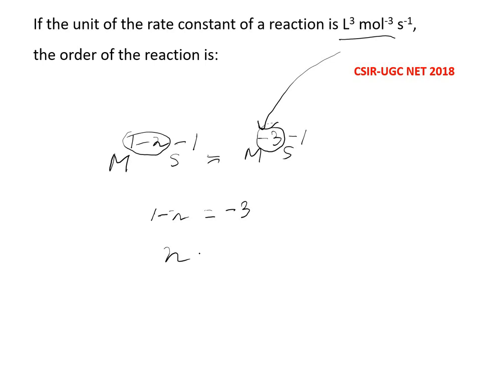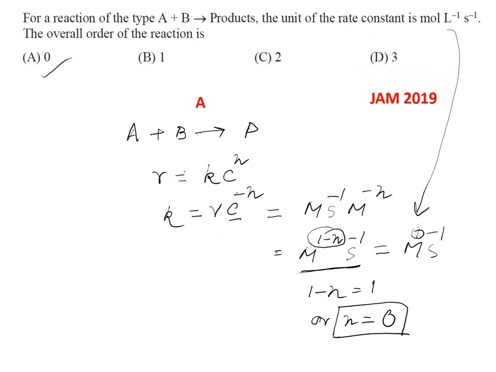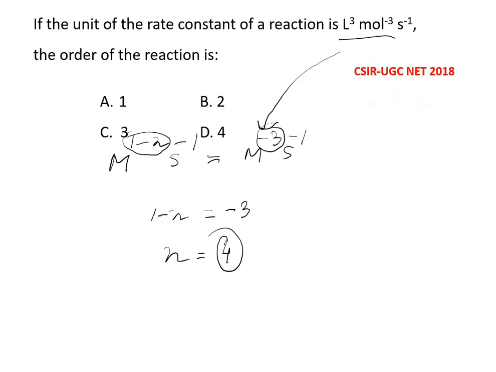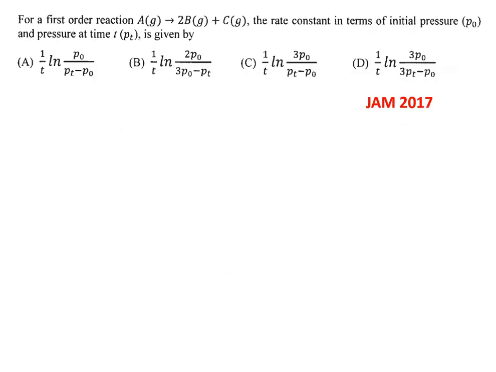So n equal to 1 plus 3, that is 4. So let us see what are the options. 1, 2, 3, 4. So option D is there. I think that should be the answer. Yes, option D. Order n equal to 4. Okay.